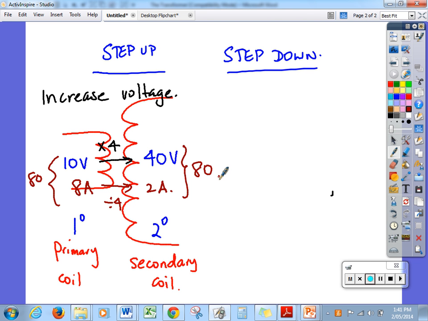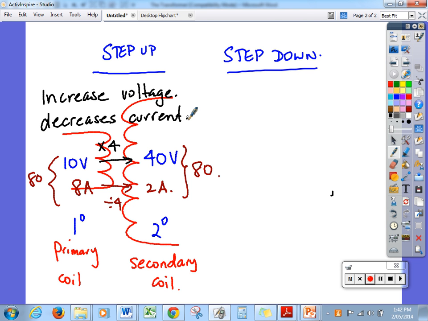Step up increases voltage. At the same time, it must decrease what? Current. Good. We'll work out why this increase of one requires a decrease in the other when we come to the conservation of energy. Obviously, you can't create energy out of nothing.